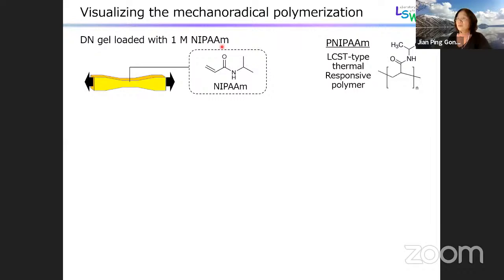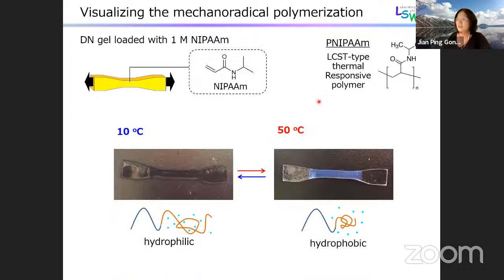It is a monomer that, if it forms a polymer, the polymer is thermosensitive. At low temperature, it can dissolve in water. At high temperature, it will undergo phase separation. So it is a temperature-sensitive one, so we can easily see if this kind of polymerization occurred in our systems.